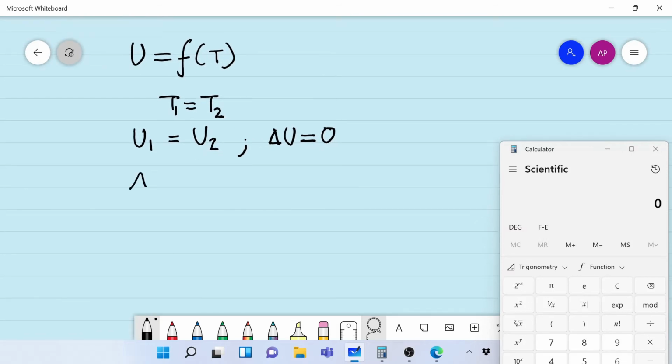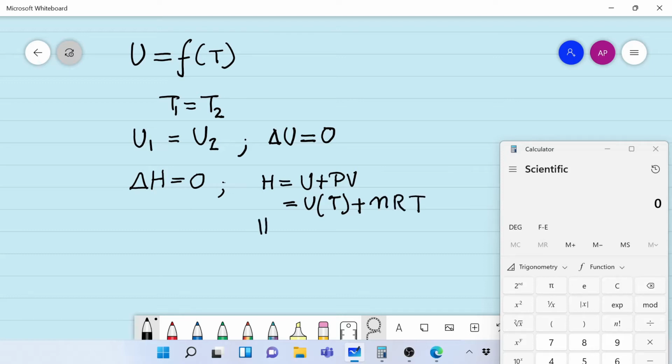A similar logic can be applied and it can be told that change in enthalpy is also equal to 0. That is because enthalpy is defined as U plus PV for any fluid, and U is a function of temperature for an ideal gas, plus PV for an ideal gas can be written as nRT.